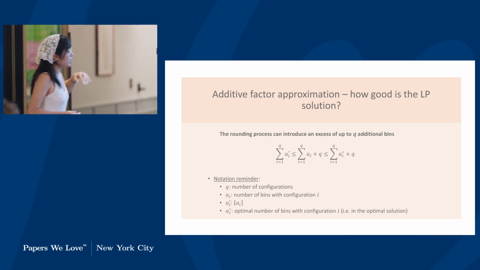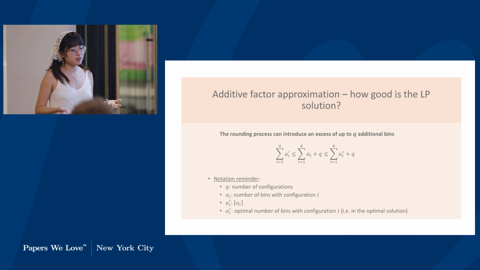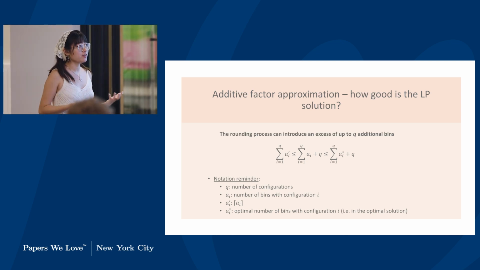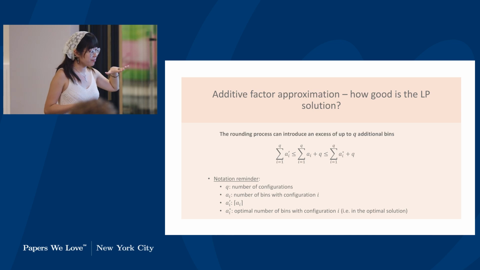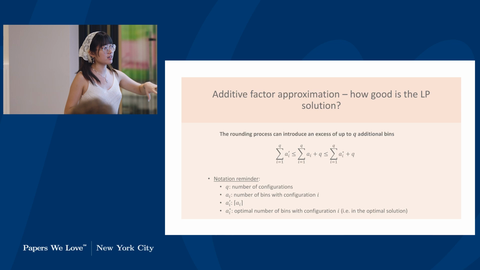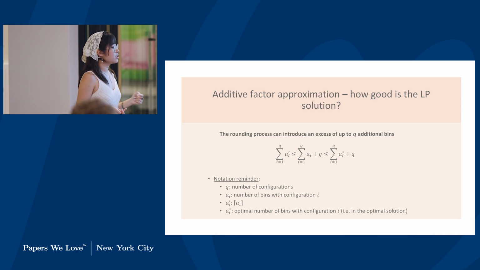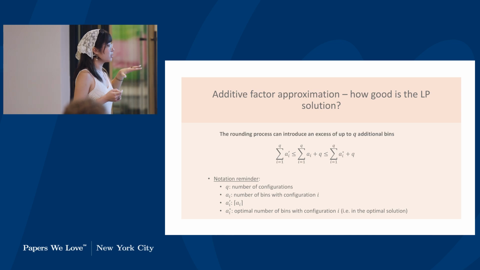So when you round up each a sub I, that means you're rounding up a variable for a type of configuration. And because you're rounding up each number by up to the next integer, the most you're adding to your answer is Q. And that is our additive factor.